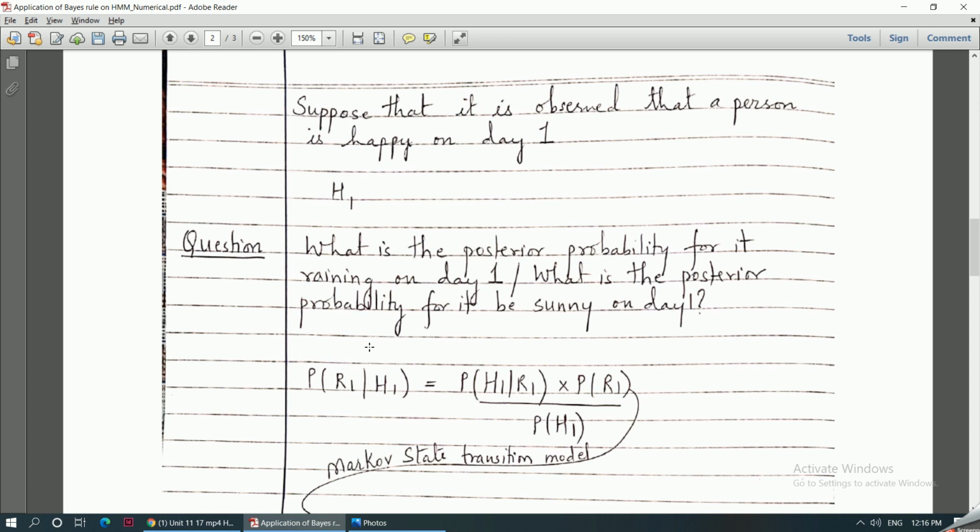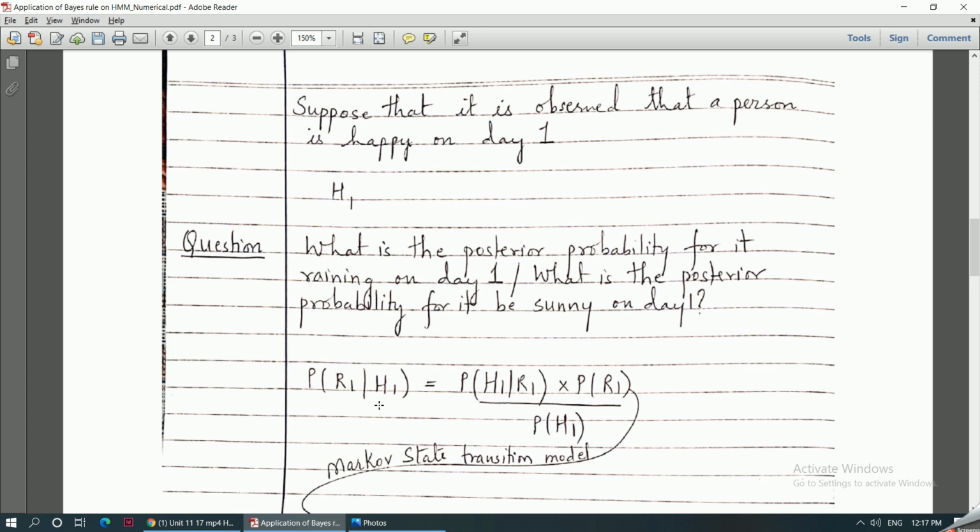So first, what we are going to do, we always first write down what is to be found. So we have to find out the probability for it to be raining on day 1, that is R1, given that a person is happy on day 1.